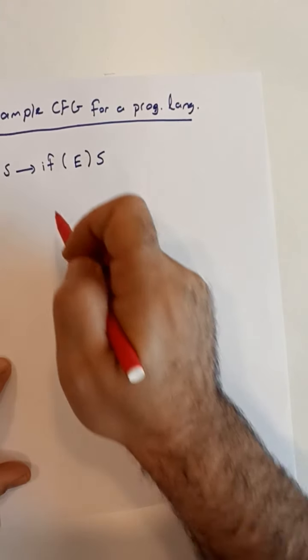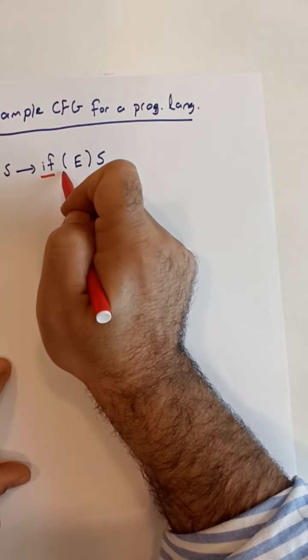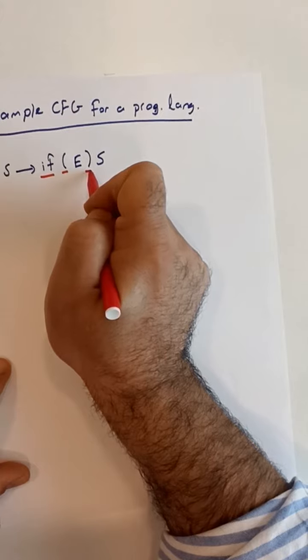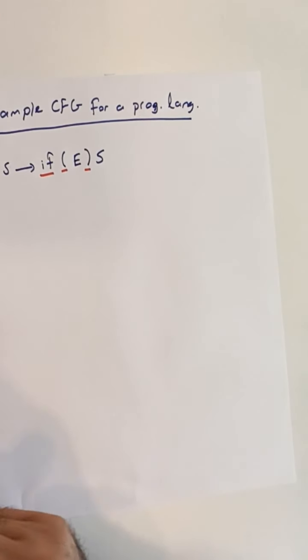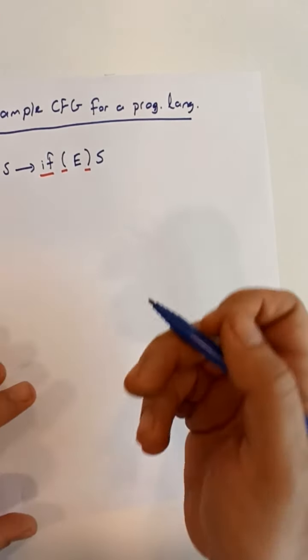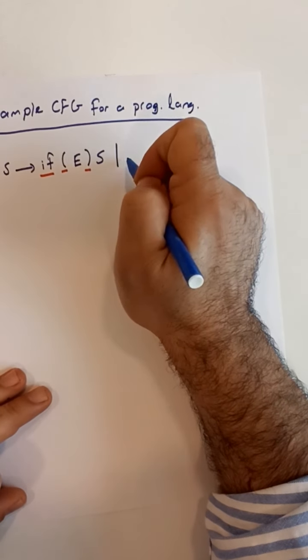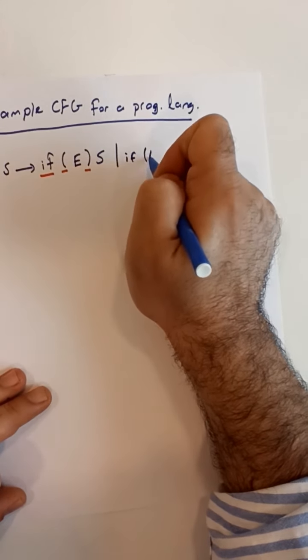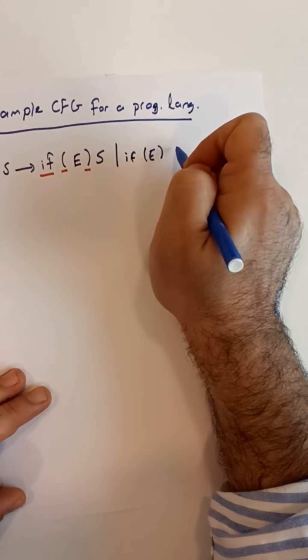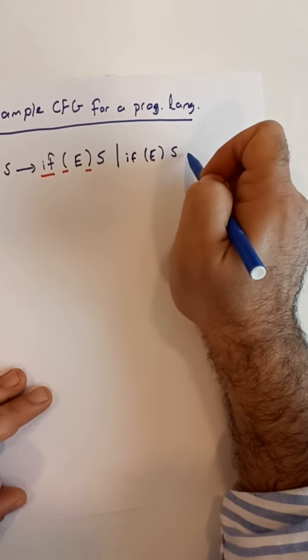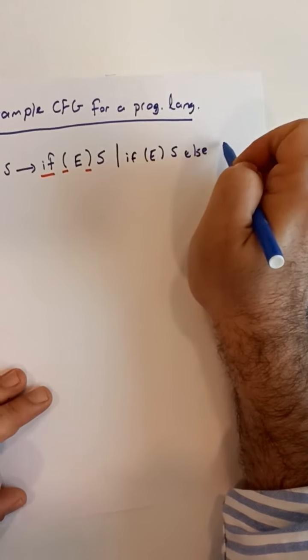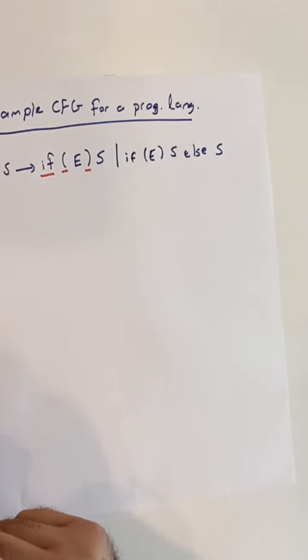What are our terminals? If is a terminal, left parenthesis and right parenthesis are terminals. This is one of the rules. We can have if-else statements. So if, parenthesis, expression, execute some statement, else execute some statement.